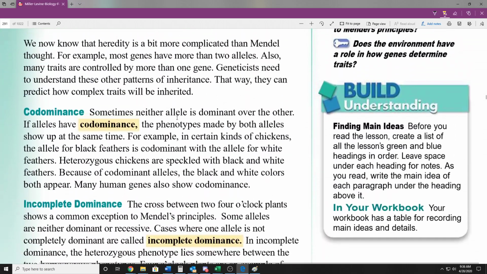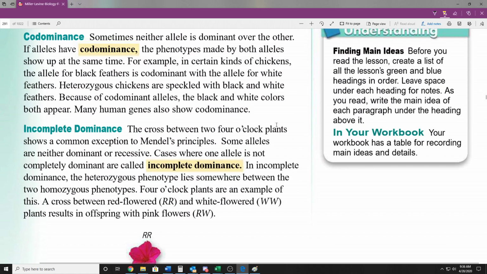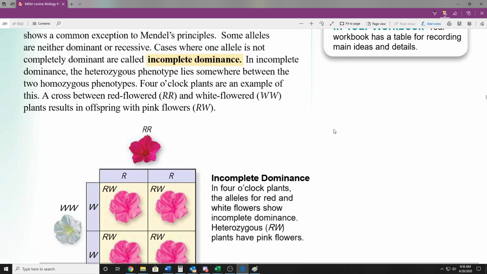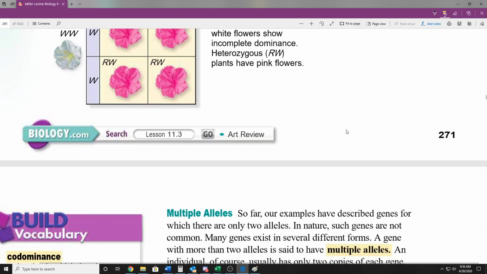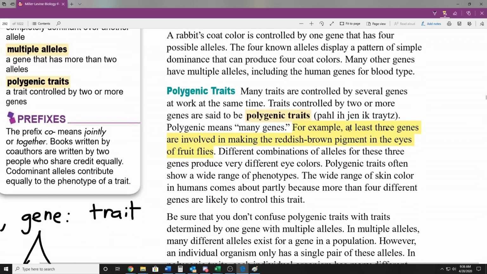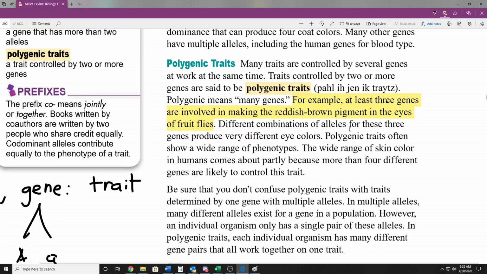Like we can have codominance and incomplete dominance in multiple genes of a polygenic trait, and that might give us even more variability as well. So that pretty much does it for those different patterns of inheritance. We're stopping at polygenic traits. However, we have a few more things to go into before we're done.